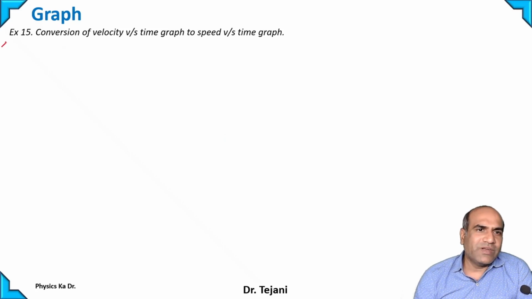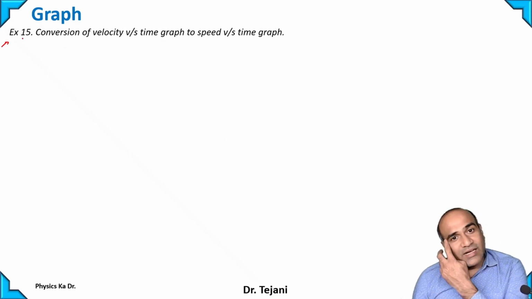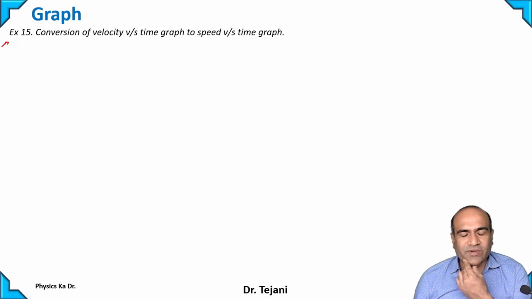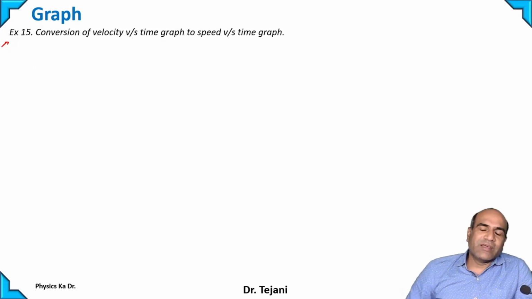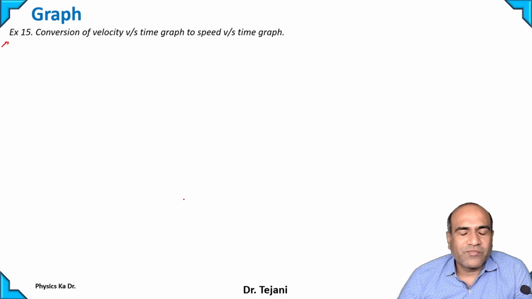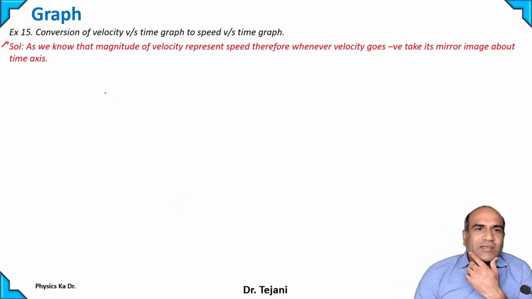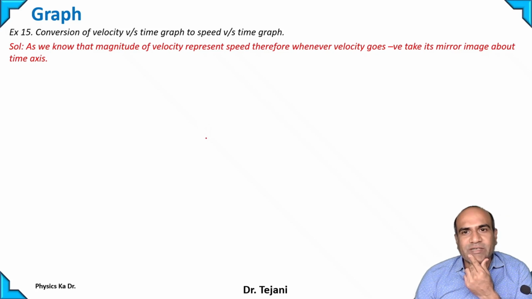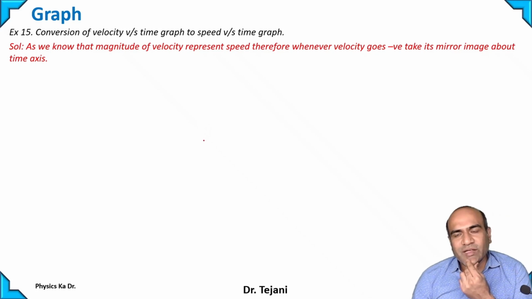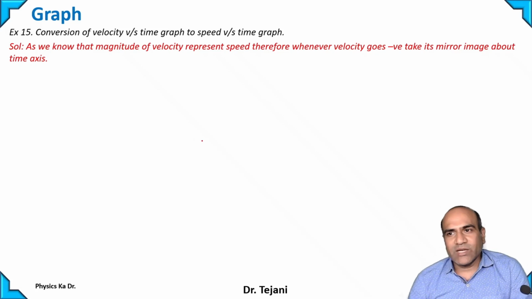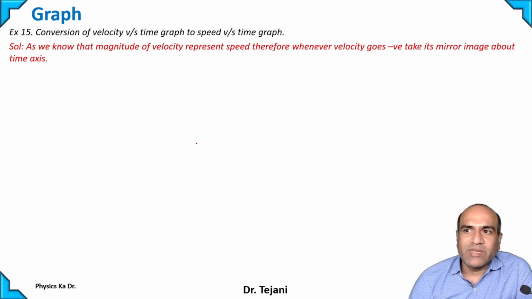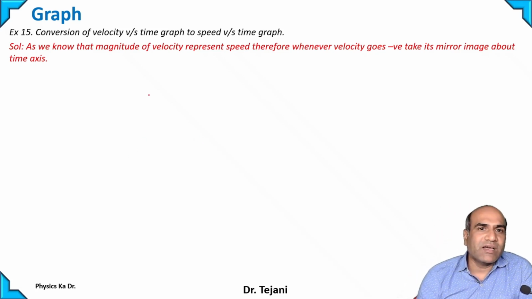Example number 15. Conversion of velocity versus time graph to speed versus time graph. As we know, magnitude of velocity represents speed. Therefore, whenever velocity goes negative, take its mirror image about the time axis. What are we converting?